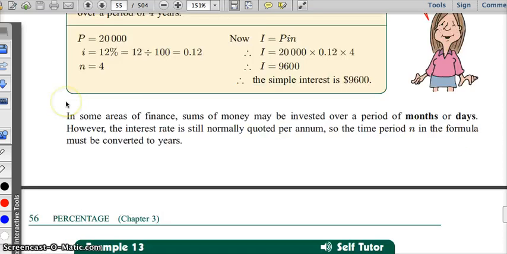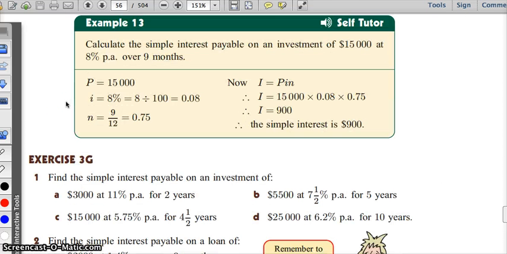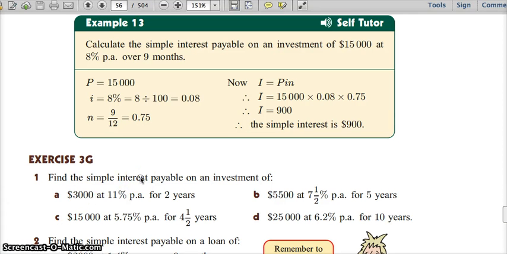Calculate the interest payable on an investment of $15,000, that is your P, at 8% per annum, that is your I, or as I put it, your R. 8% is 0.08.